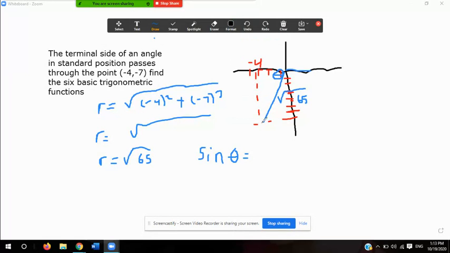So this down here is the -7. So this is -7, and this is Z, which means that it would be -7 over the square root of 65.